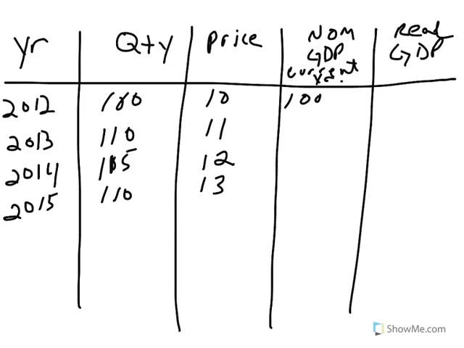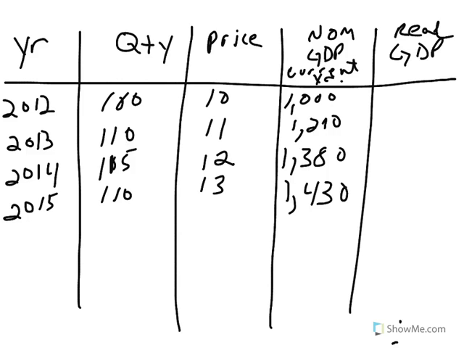So we would just walk through these calculations for each specific nominal GDP period. Once we fill in the table, we can see that 2012 had a nominal GDP of 1,000, which grew to 1,210 in 2013, to 1,380 in 2014, and to 1,430 in 2015.